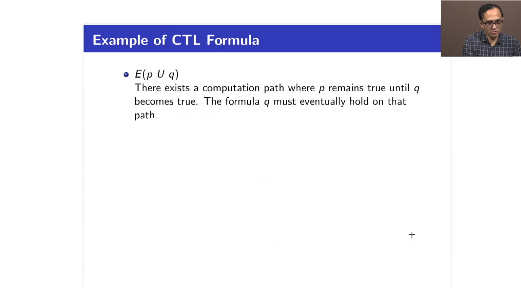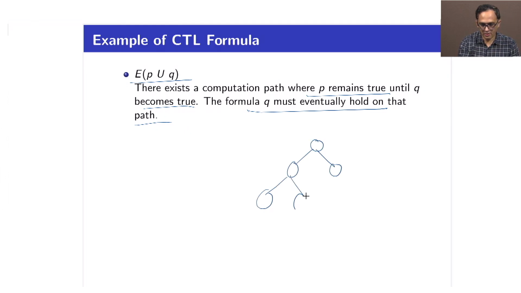Let us move on. Now I want to check this. This is also understood: there exists a computation path in which P remains true until Q is true, but Q must eventually hold on that path, right. That is the property of P until Q. So, I can quickly construct a tree. Think about this tree and let us say P holds here, P holds here, P holds here, and these are all infinite paths, right.